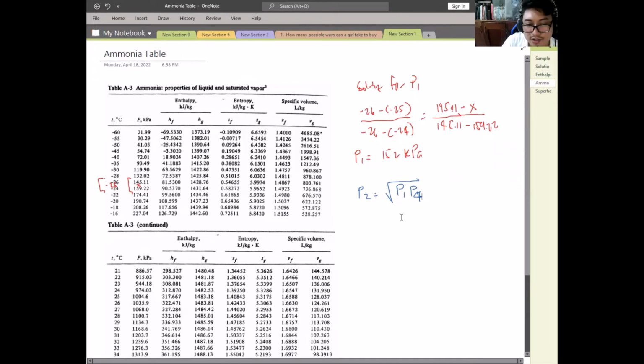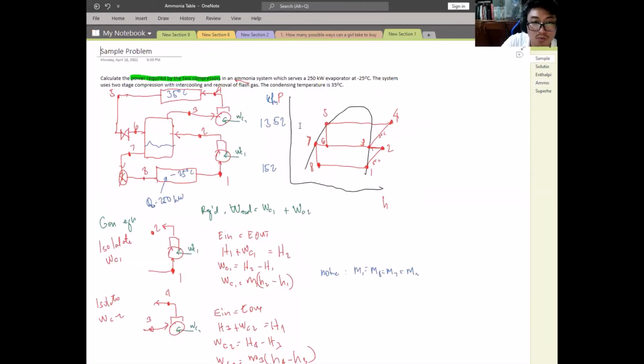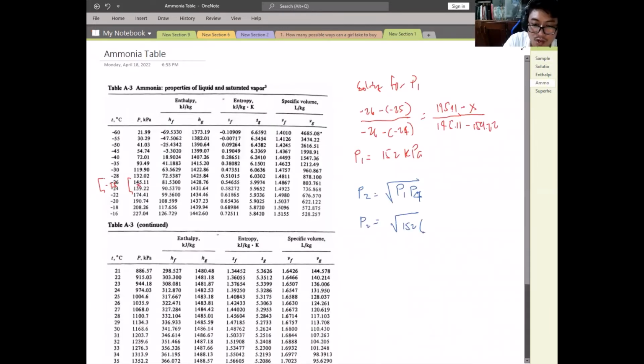Okay? So by substituting, P2 is square root of P1, which is 152 kPa, multiplied by P4, which is 1352. Therefore, the intercooler pressure or the flash tank pressure is what? 453 kPa.